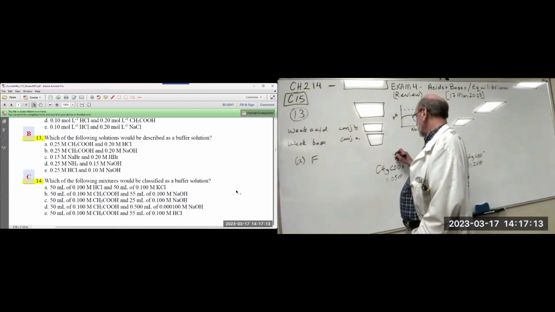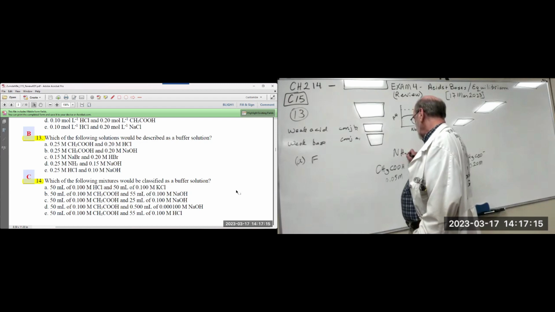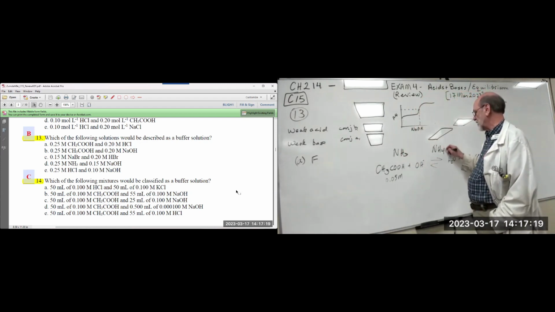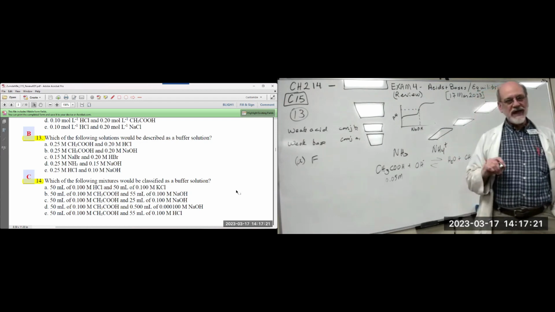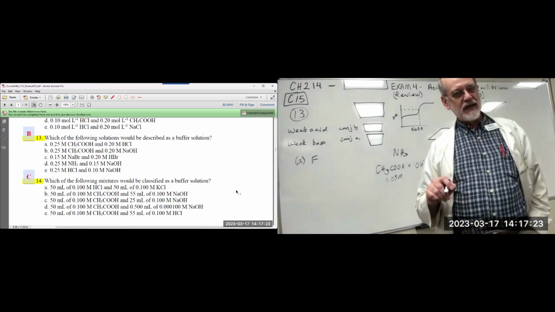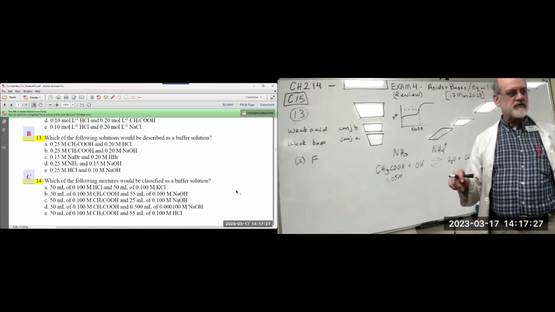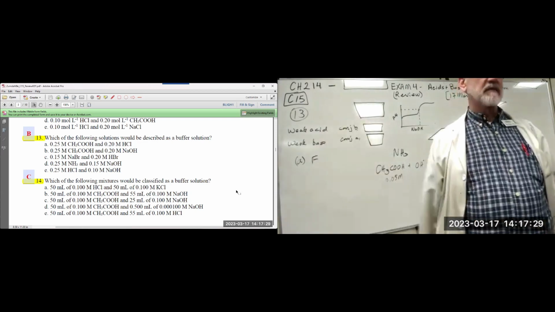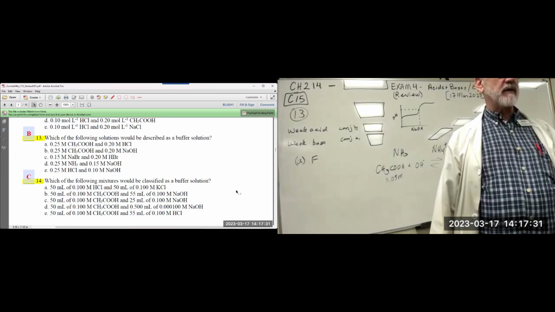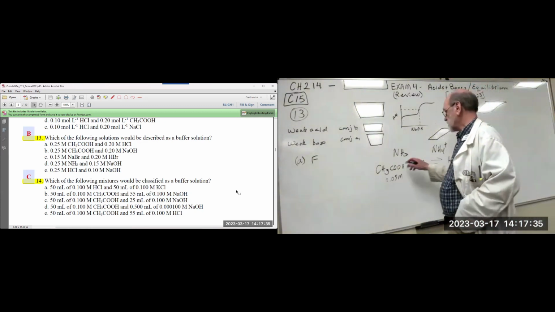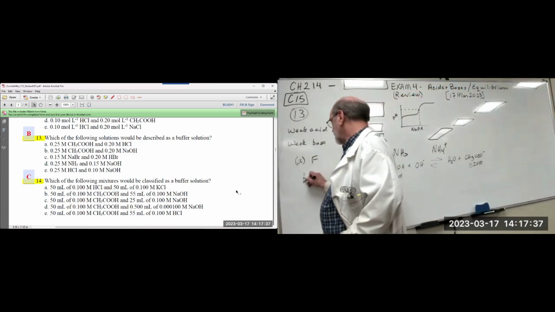If you want a buffer solution with this one, you can't add base to it and make a buffer. You have to add acid to that one. And then the last one is a strong acid, strong base. No way. You can't make a buffer out of those. All right. So our best answer is B.